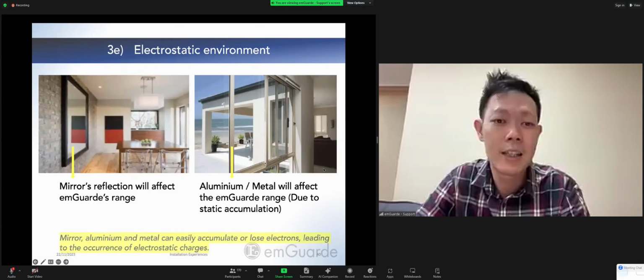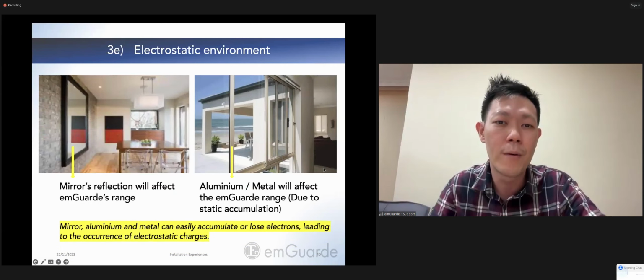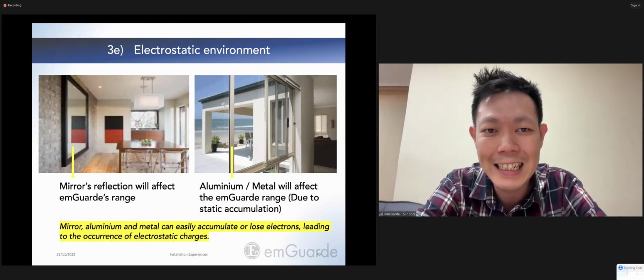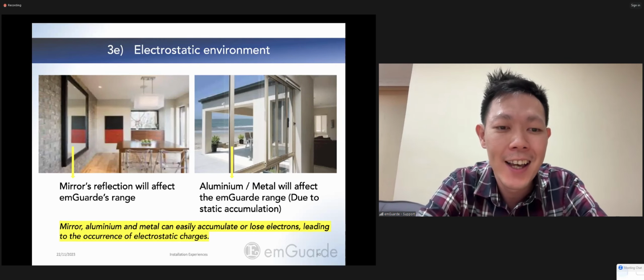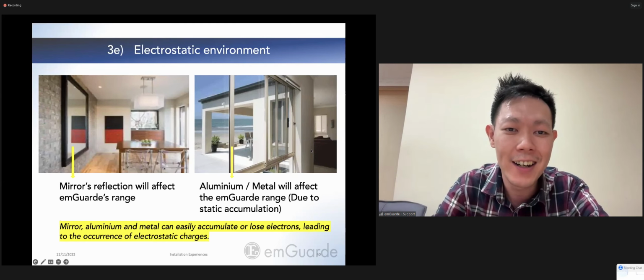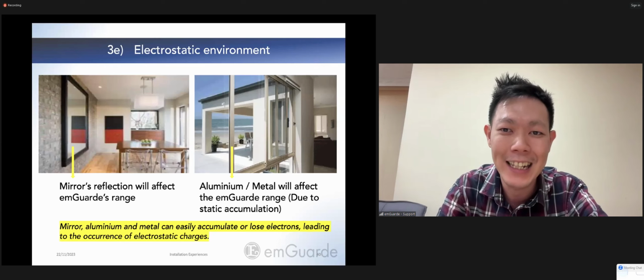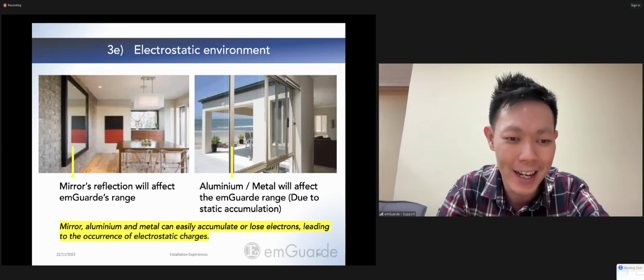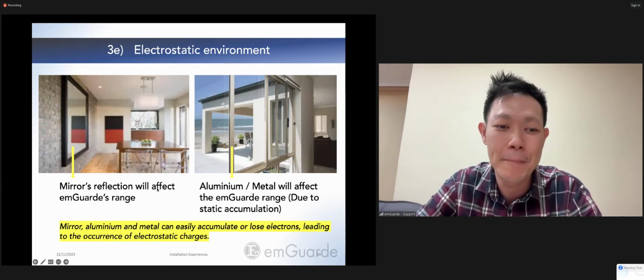Okay, at this point I'm going to go more technical. This is because some people don't understand why electrostatic will affect emGuarde. So I'll give you a few examples.